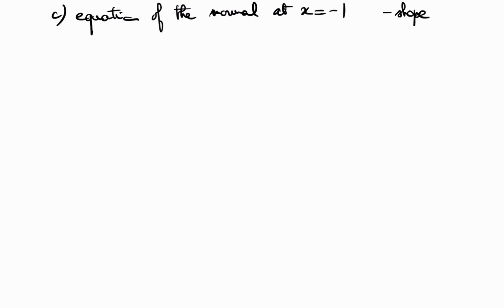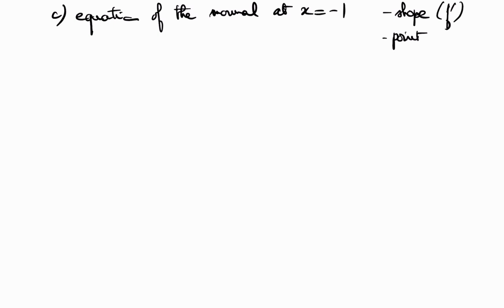Right, third question. Equation of the normal at x equals minus 1. Right, so again, to find the equation of the normal, we need two things. We need first the slope, which we'll get from the derivative, and then we need the point.